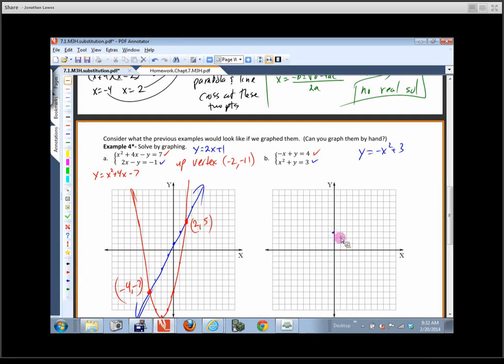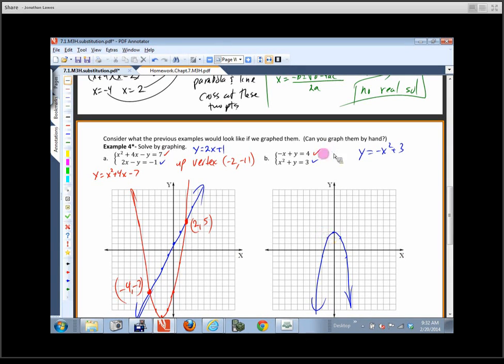Nope. Looks something like that. Where does the line have to go? Where does it need to be in comparison with the parabola? It's got to be above it somewhere.